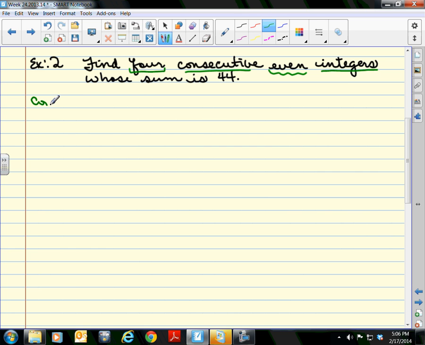Okay, and when we talk about consecutive integers, we're going to talk about 1, 2, 3, and so on. And so if I do not know what the first consecutive integer is going to be, now consecutive integers are going to be in a row anywhere on the number line.